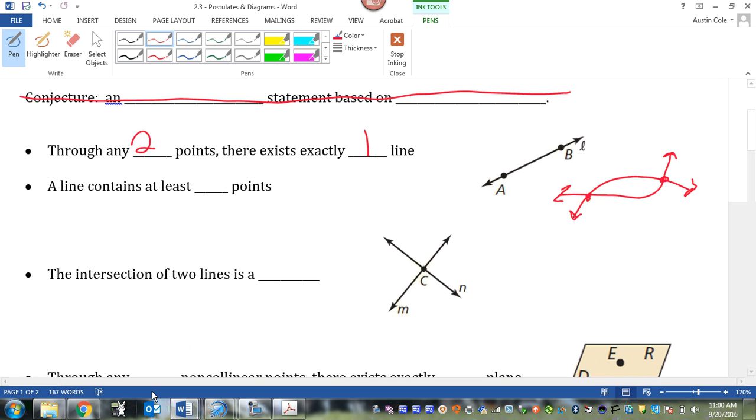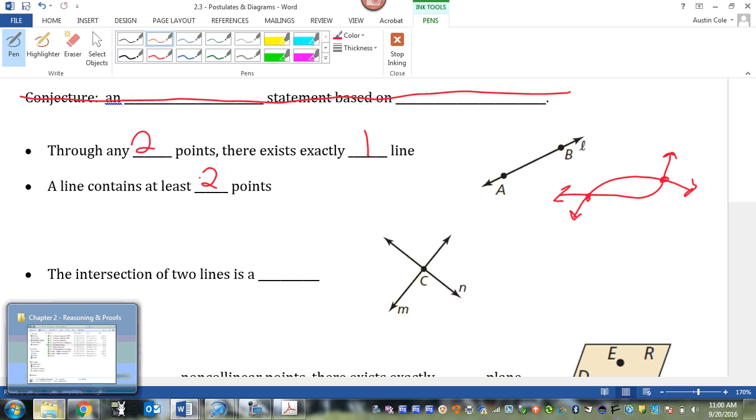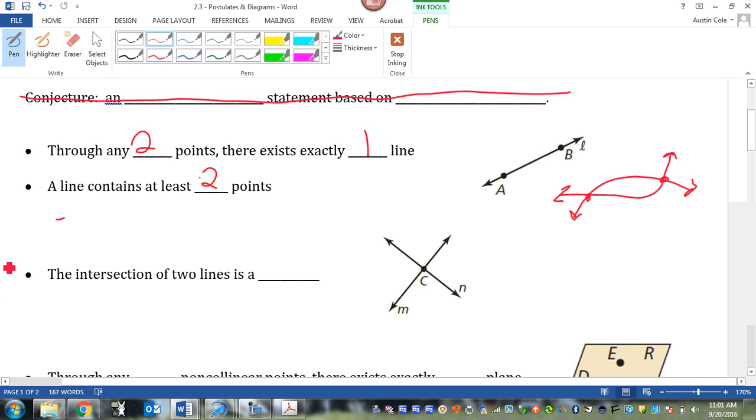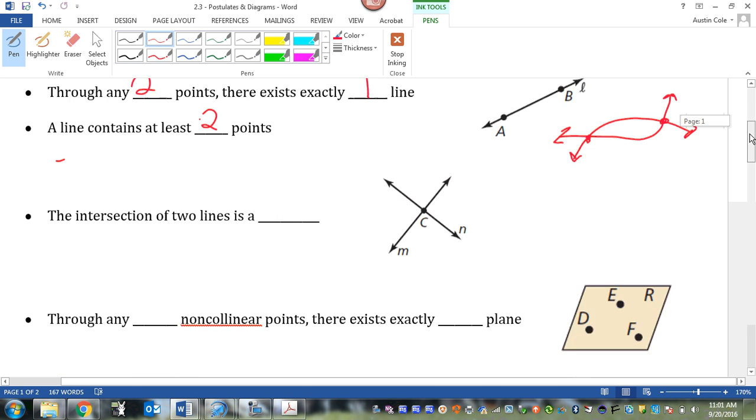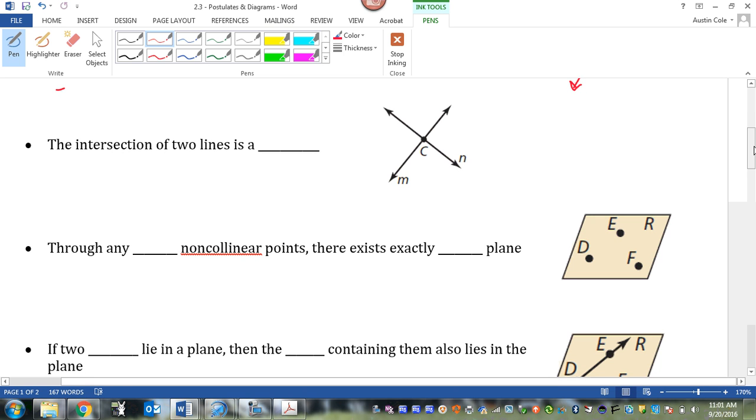Okay. Rewording that, a line contains at least two points. The intersection of two lines is a point.